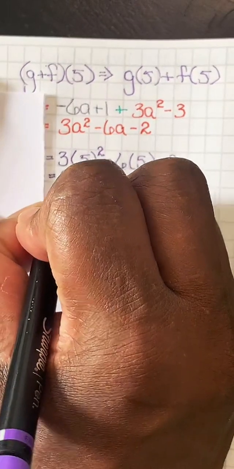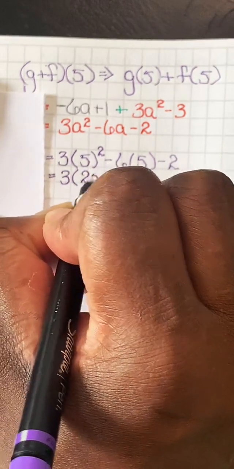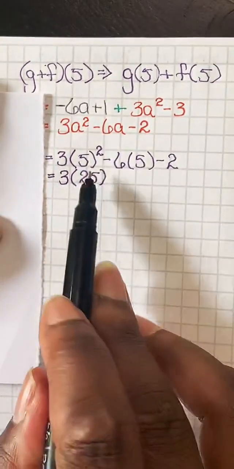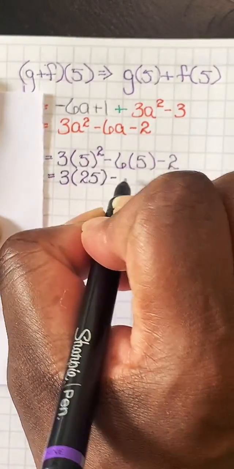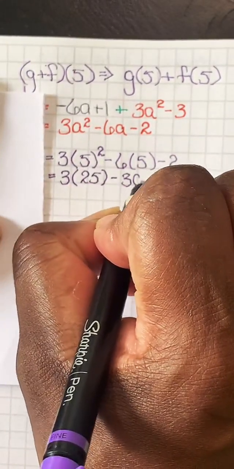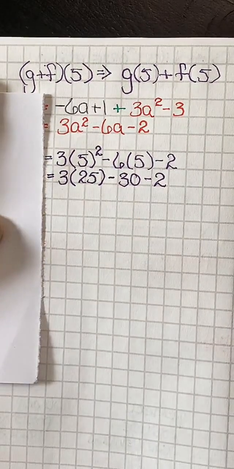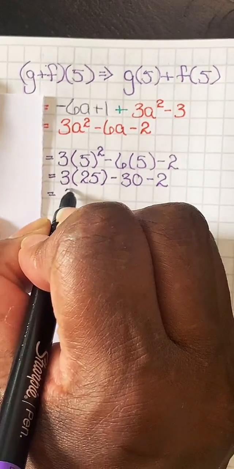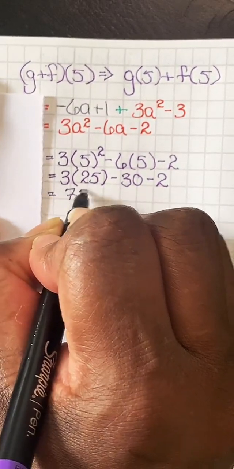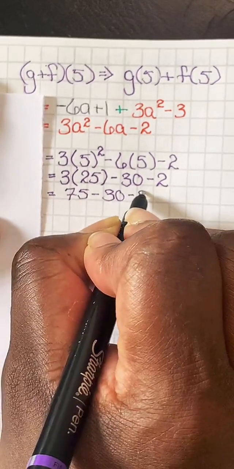So that means we have 3 times 25, not 10, because this is 5 times 5, minus 30, minus 2. 3 times 25 gives me 75, minus 30, minus 2.